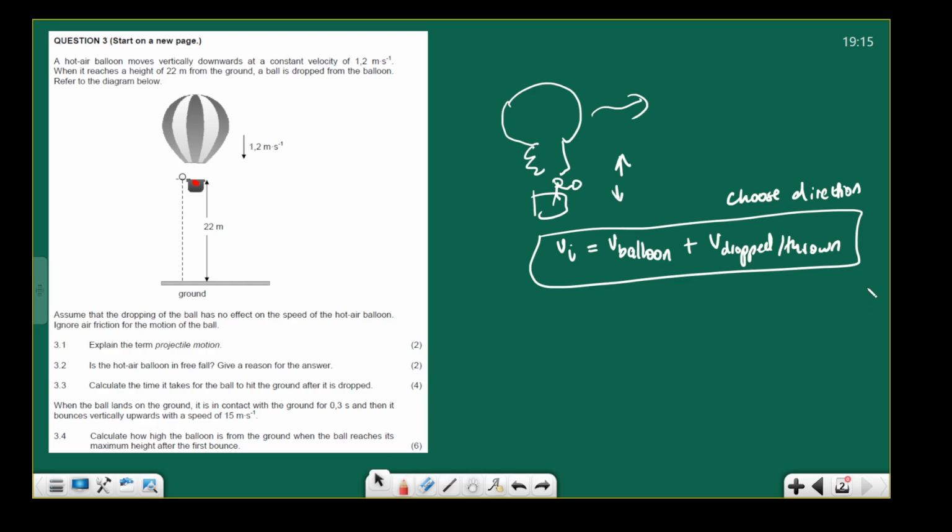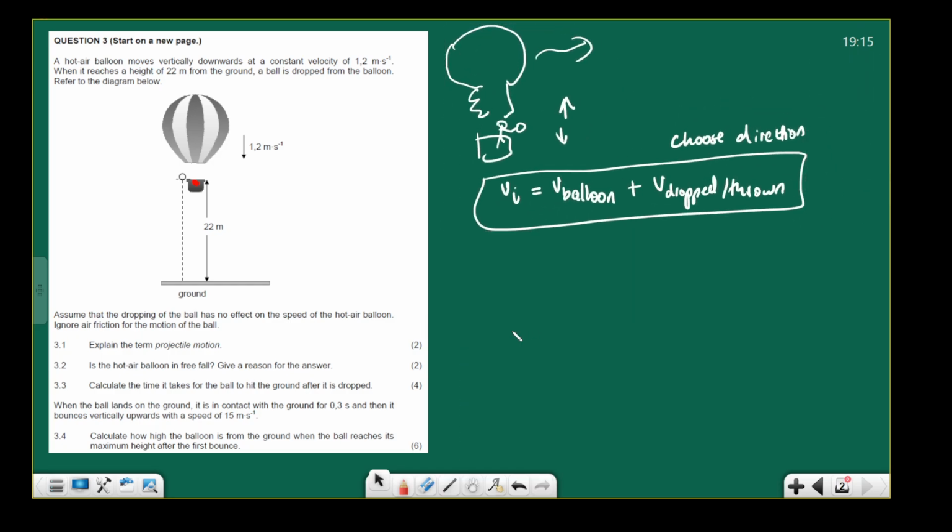Okay, so we're going to look at this and try to solve the questions. It says that a hot air balloon is moving at a constant velocity of 1,2 meters per second. Constant velocity means the net force on the balloon is 0, so the forces on the balloon are balanced.